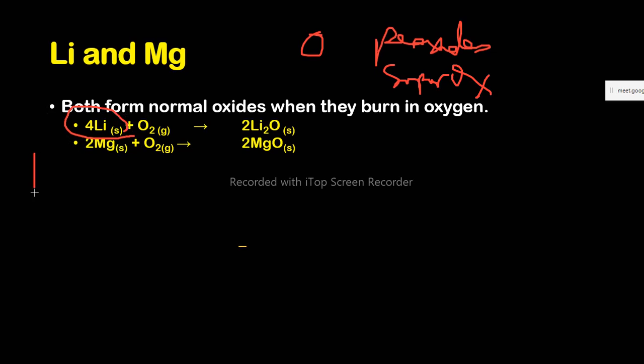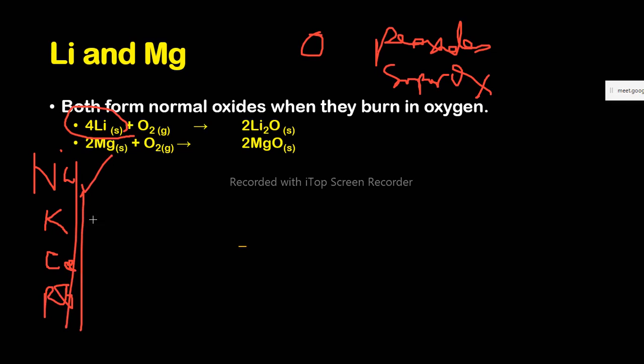But for the other elements of group 1, sodium, potassium, cesium and rubidium: sodium forms peroxides, but potassium, cesium and rubidium form superoxides. Why? Because they have low charge densities.